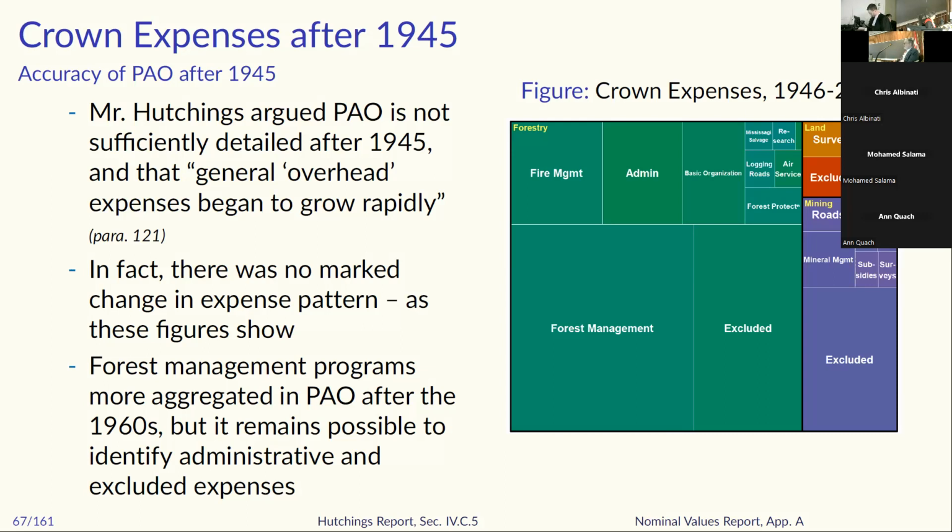And that is because there is less detail in the public accounts after 1946. As I said before, it was more commonly true in the early years that when the Crown was spending on firefighting or fire prevention, they told us precisely that in the PAO, and we had that. After 1945, more commonly, they don't offer that disaggregation.